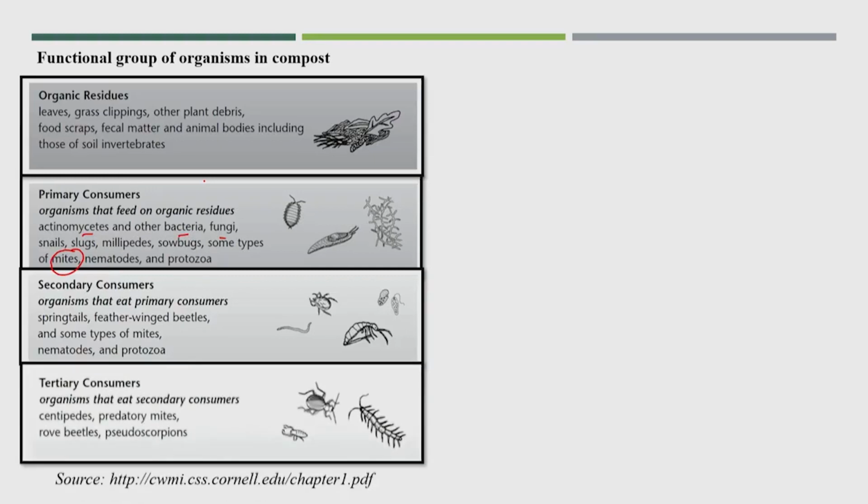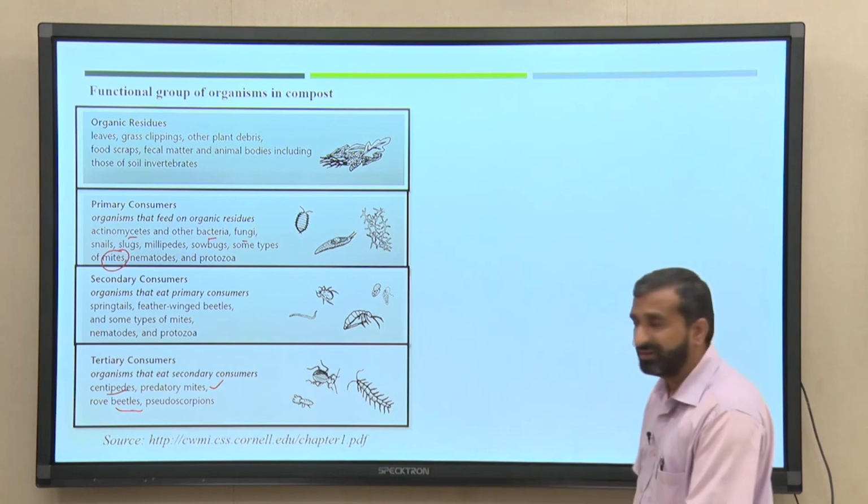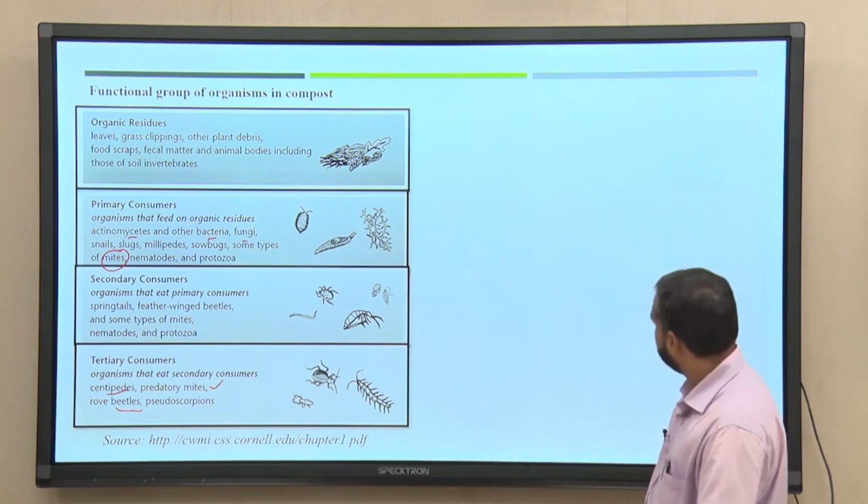And tertiary consumers, following the secondary consumers, could be centipedes, rove beetles, or some kind of mites. So, these are the major organisms during the degradation of organic matter in the composting process.